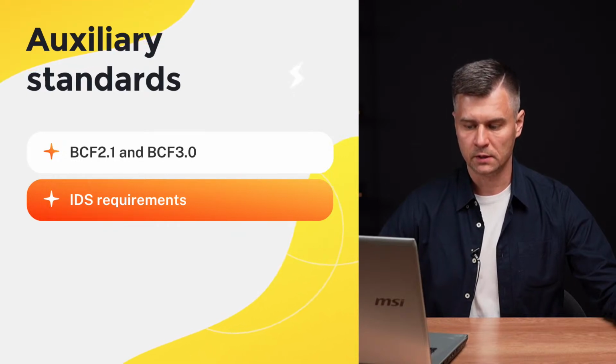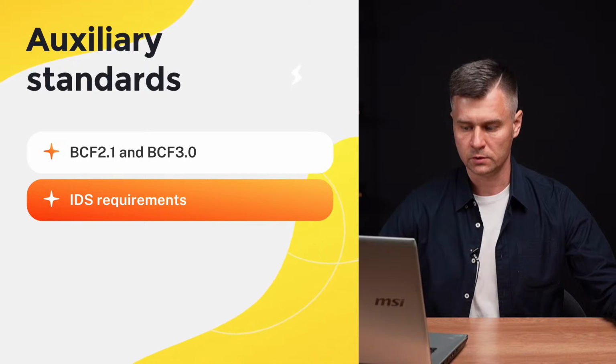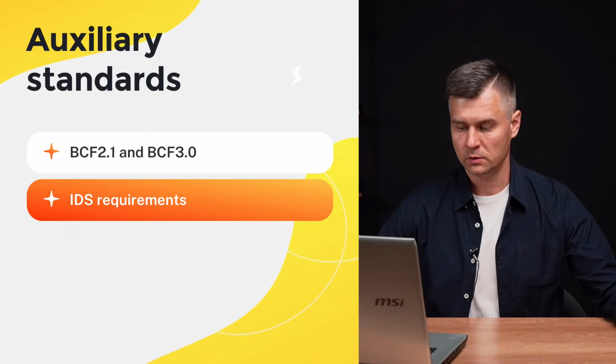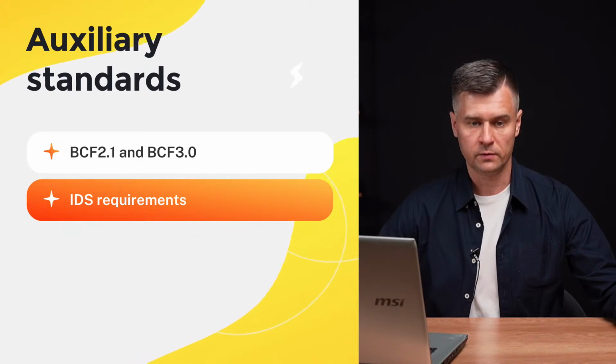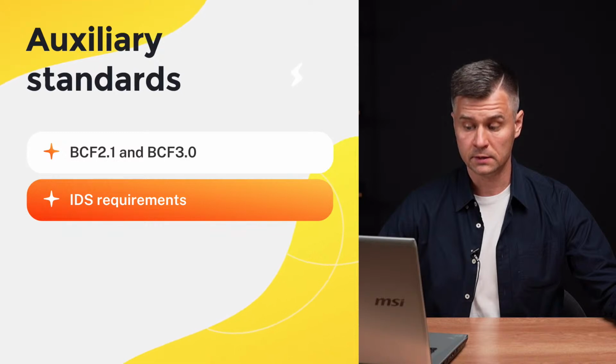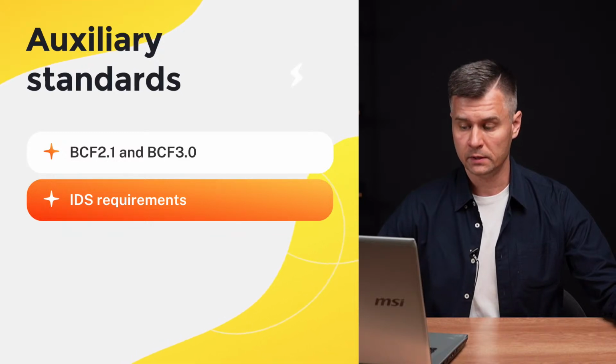We implemented a library for working with the released versions of BIM collaboration format, such as BCF 2.1 and BCF 3.0. We have also a library for validation against IDS requirements made on the side of customers.